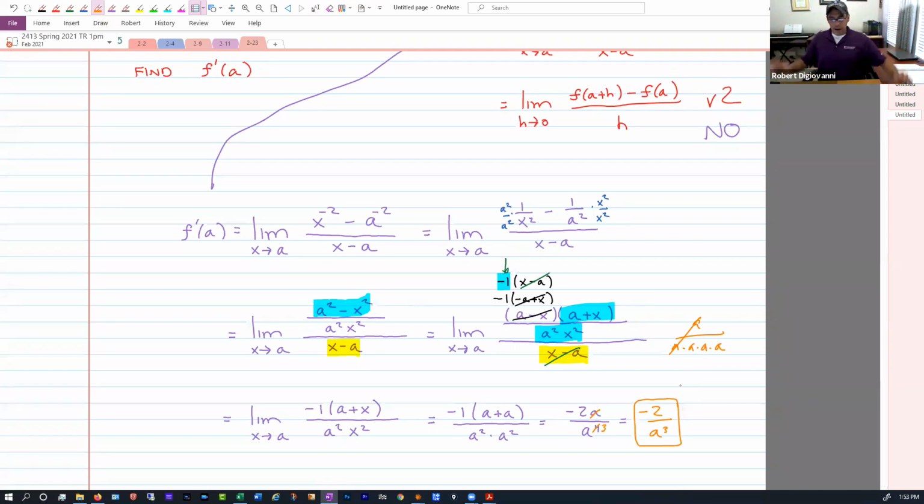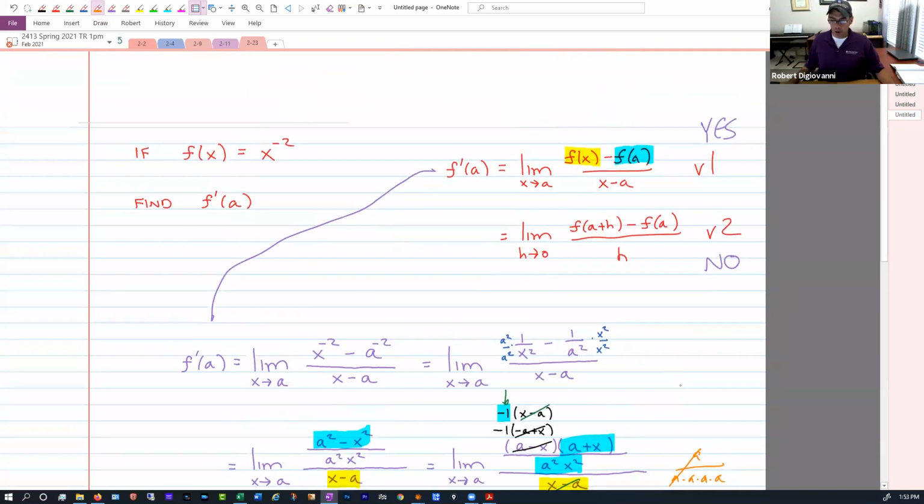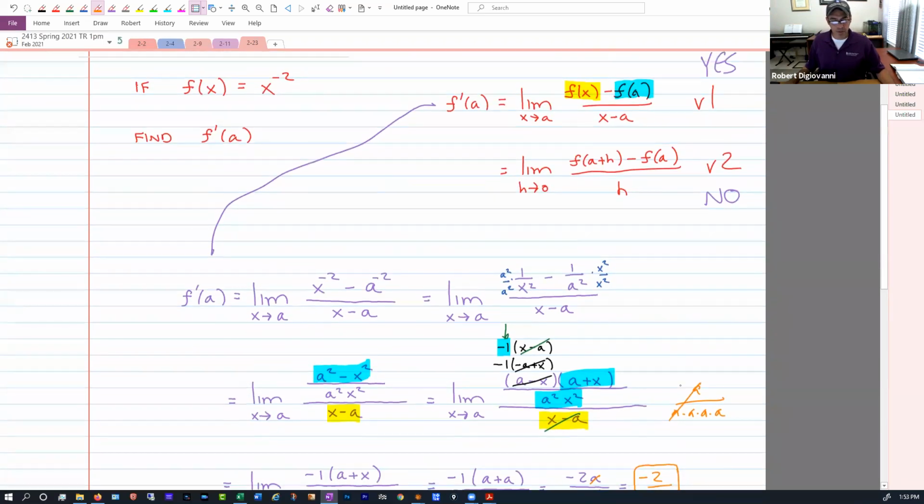So why is this important? Not why is it important, but why would we do that instead of me giving you a problem like, give me the derivative at 4. Wouldn't the derivative at 4 mean that you would find the slope of the tangent line at 4? Right, that's what you would do.